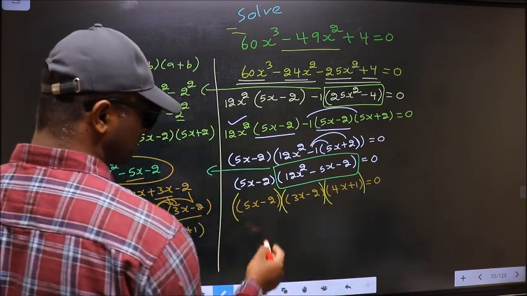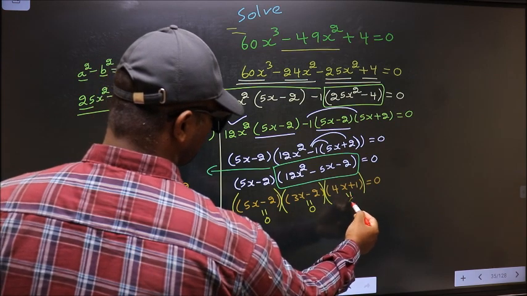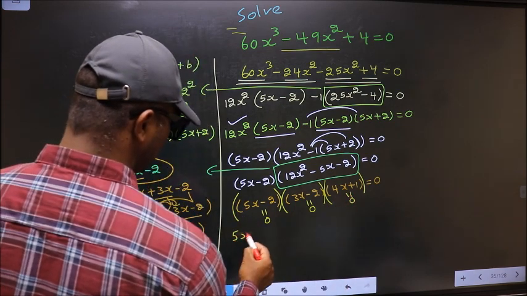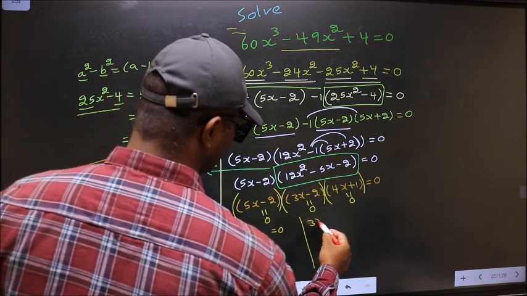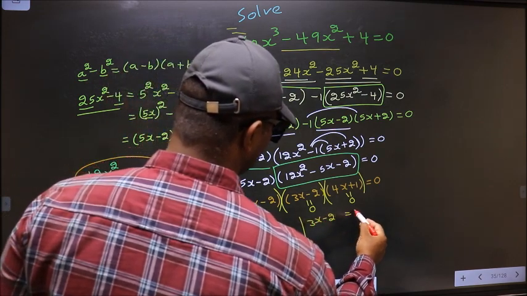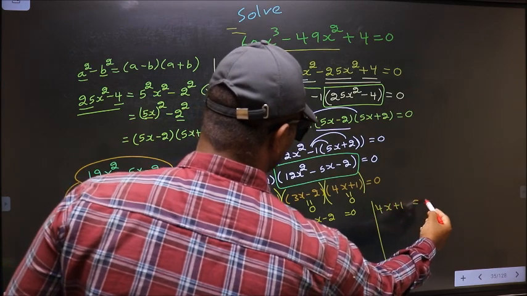So to get x values, we should equate each bracket to 0. That is 5x minus 2 equal to 0, 3x minus 2 equal to 0, 4x plus 1 equal to 0.